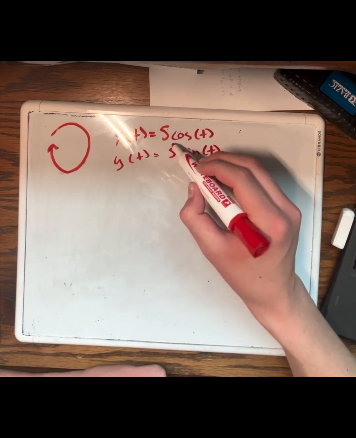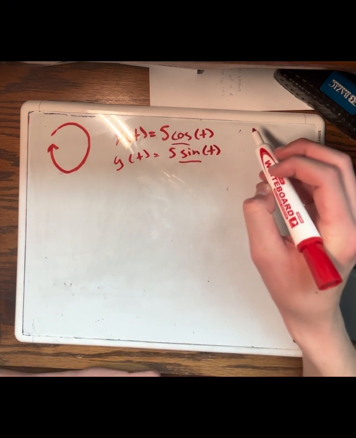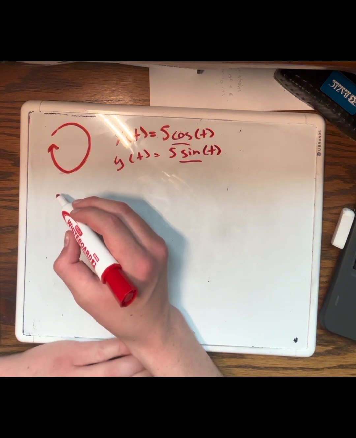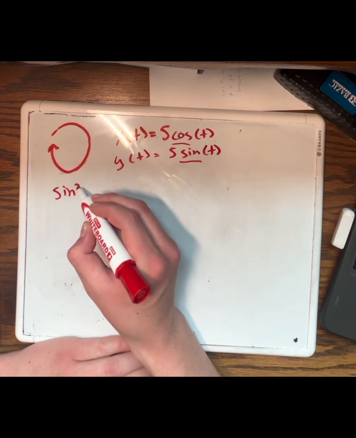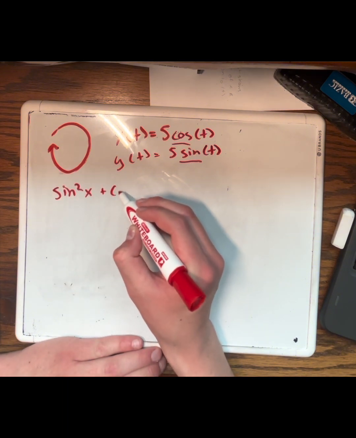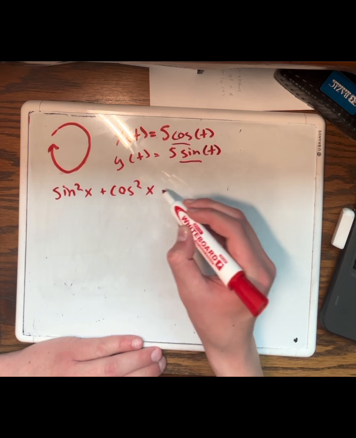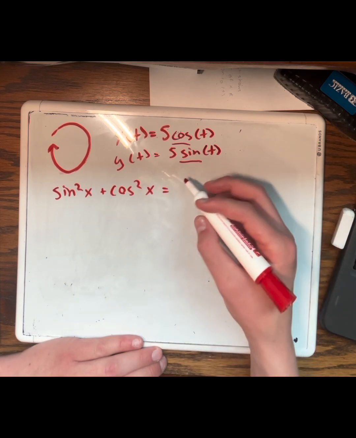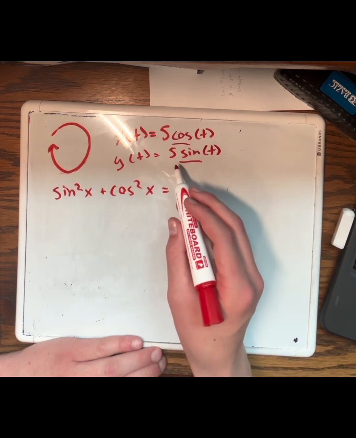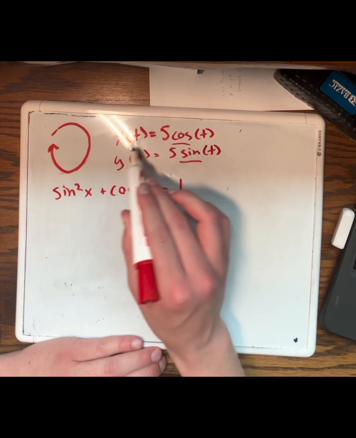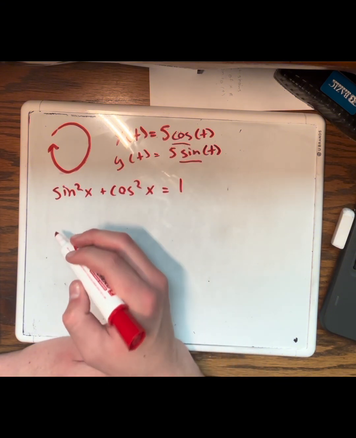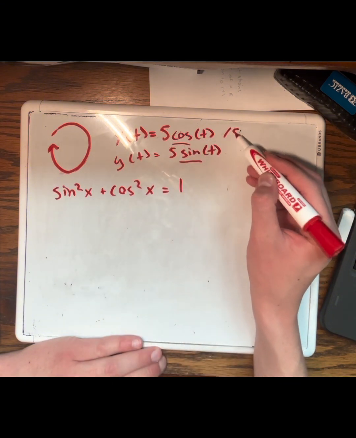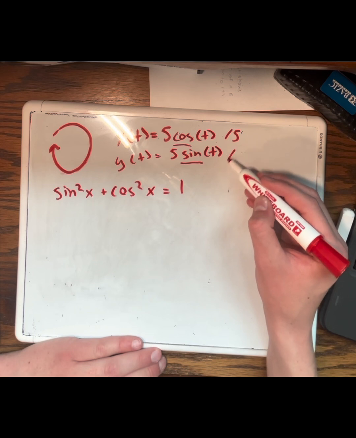But because we have cosine and sine, it's a little bit different. So we use this trig rule: sine squared of x plus cosine squared of x equals 1. Now we need to solve these for sine and cosine, so we would divide this one by 5, and this one by 5.